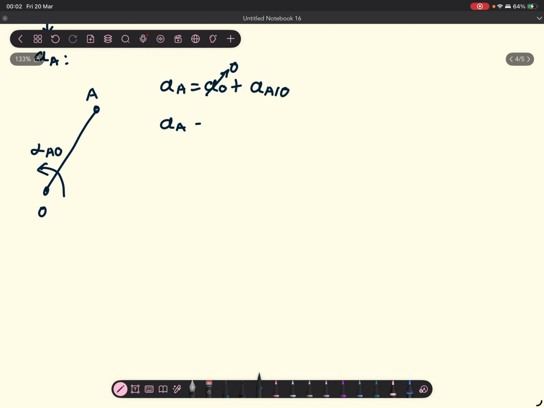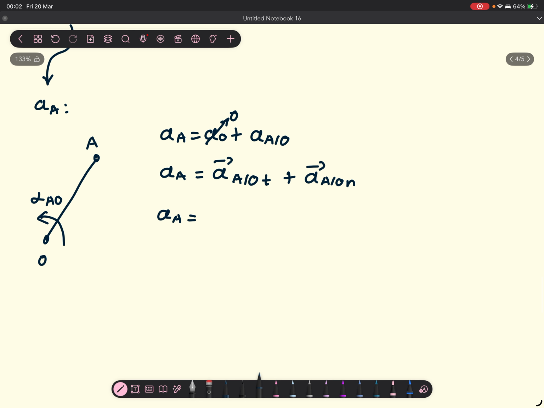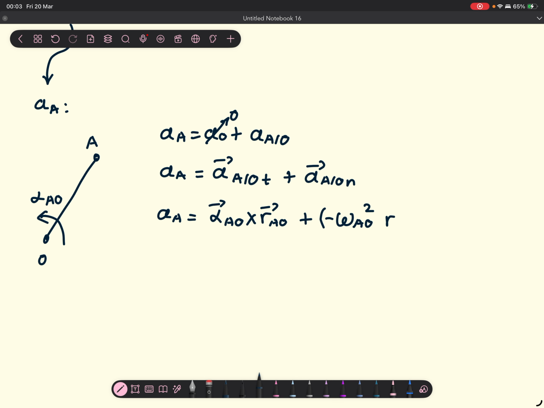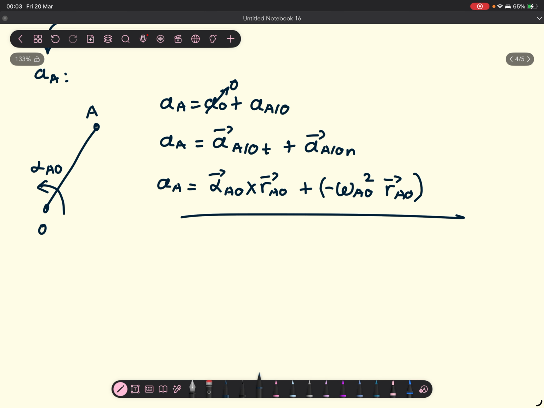So the acceleration of A is equal to acceleration of A relative to O tangential plus the acceleration of A relative to O normal. Cool. So the tangential component will condense down to this, and then the normal component will be equal to minus omega AO squared times R AO. Okay, cool. So now we have the acceleration of A.